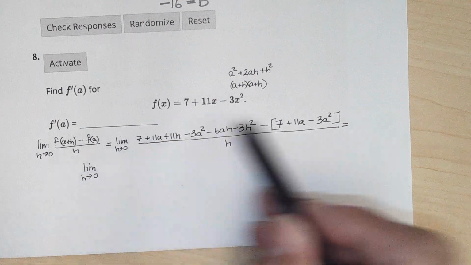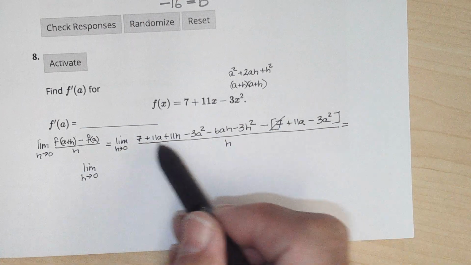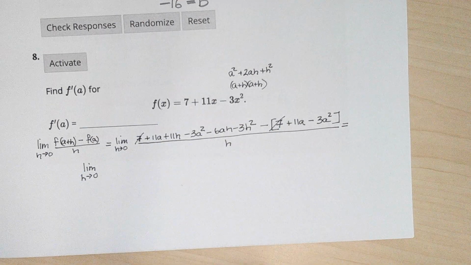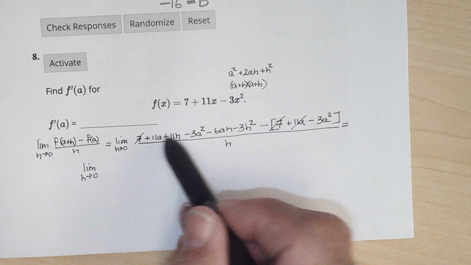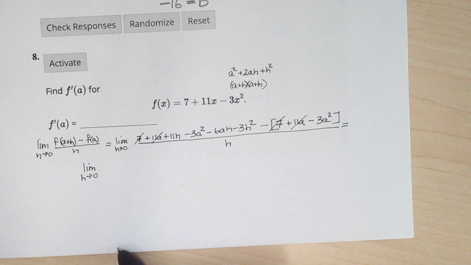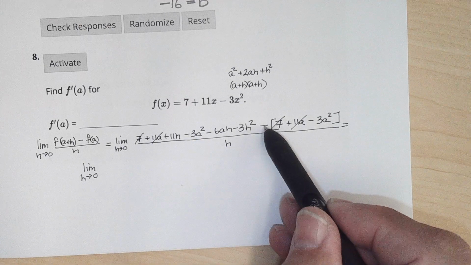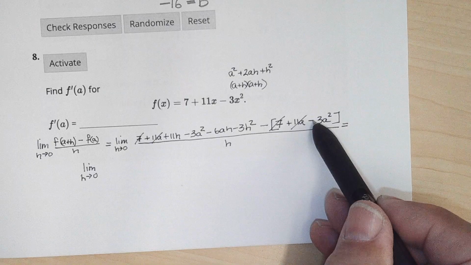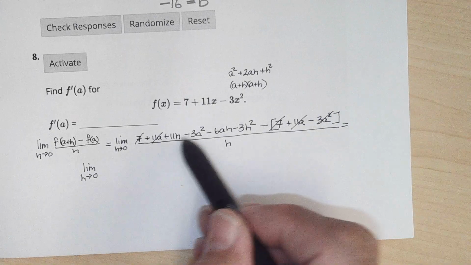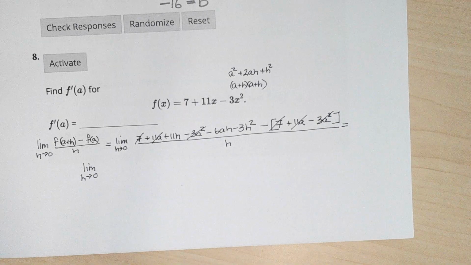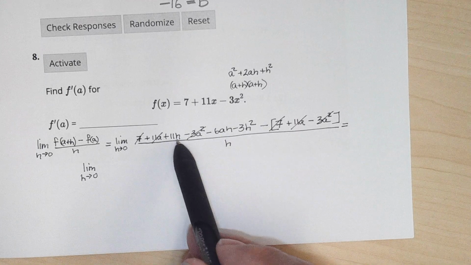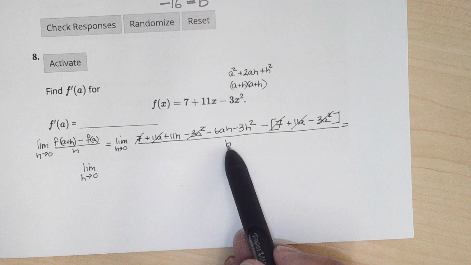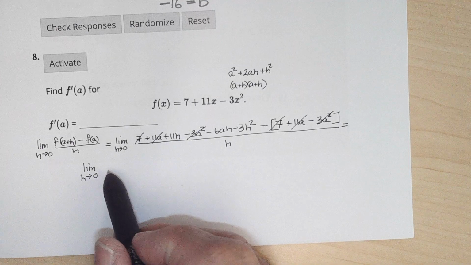See, 7 minus 7, those cancel. 11a minus 11a, those cancel. Minus 3a squared plus 3a squared, those cancel. And so what I have left is these three, and they all have an h in them, so I can divide h into that, and I get 11.